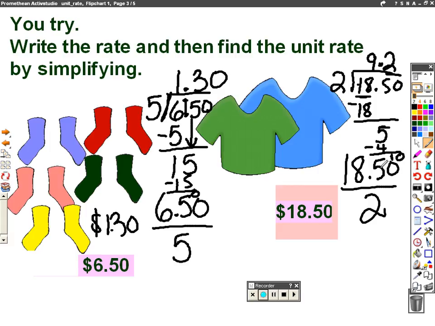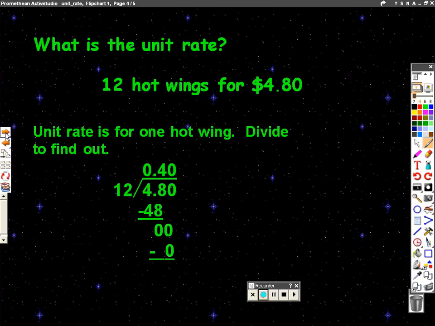Sorry, my problem's running into the other part here. 2 goes into 10 5 times. So $9.25. Okay, again, the division problem here, if I had 12 hot wings and I paid $4.80, it would be 40 cents per wing.